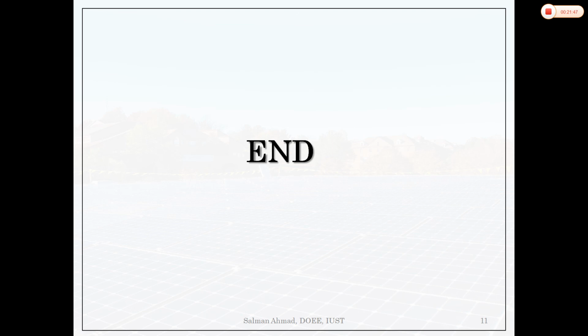Okay, so this is the end of lecture 5. As an exercise you can calculate the component ratings for buck converter, boost converter, and buck boost converter in case of discontinuous conduction mode.